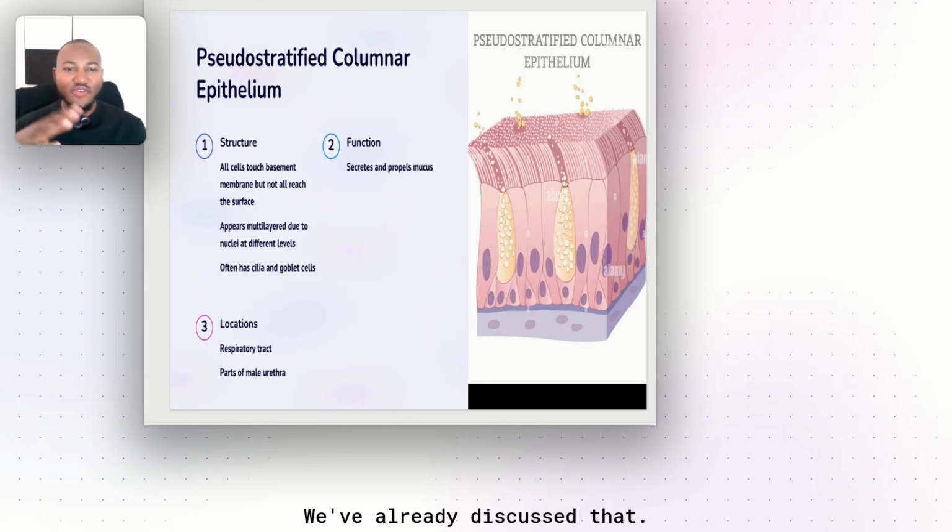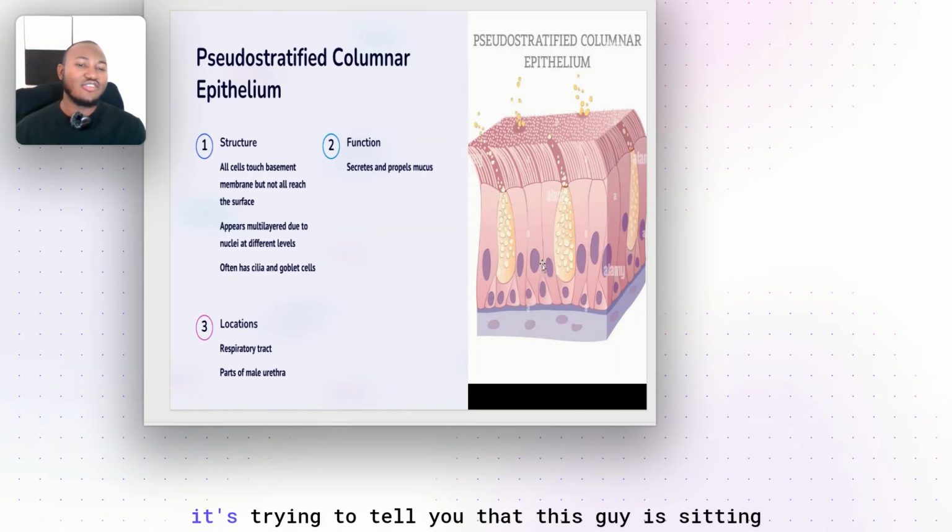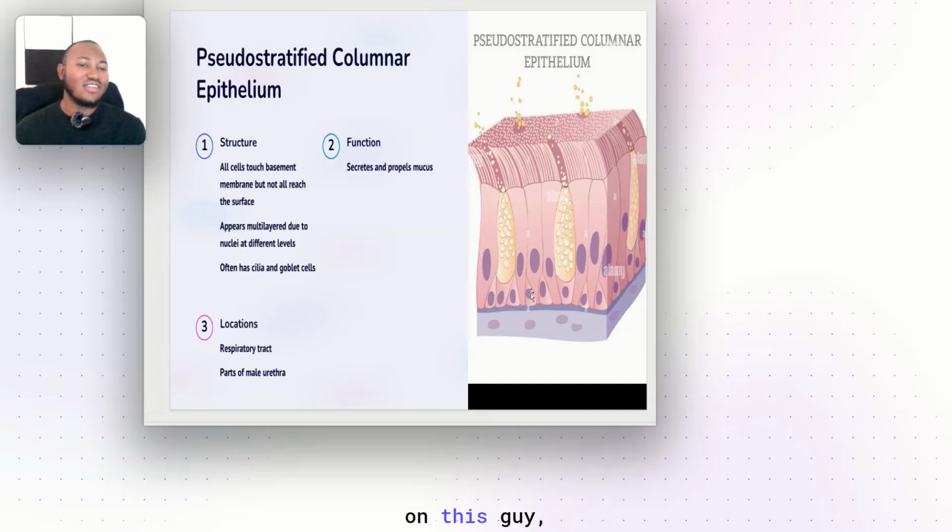Now, pseudostratified, we've already discussed that. If you look at this, you see, look at nucleus, nucleus, up, nucleus. So it's trying to confuse you. It's trying to tell you that this guy is sitting on this guy, that this is one layer, this is another layer. But if you look properly, you see that all the cells are touching the basement membrane, all of them. Assuming this was arranged, this would have been simple columnar, but this is not arranged.